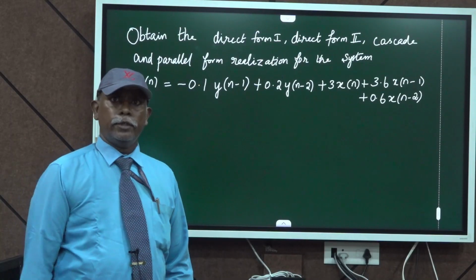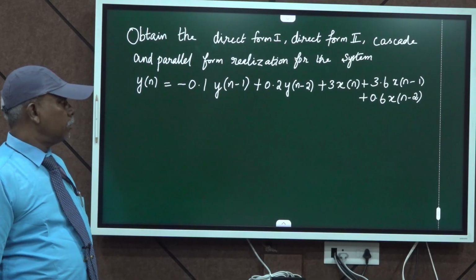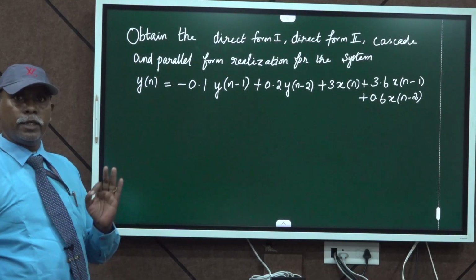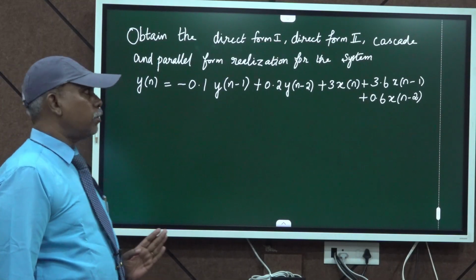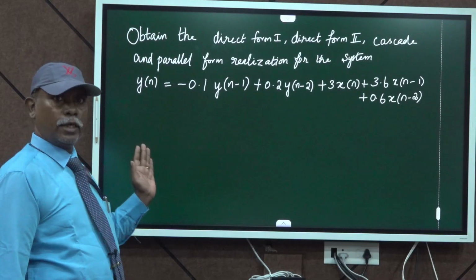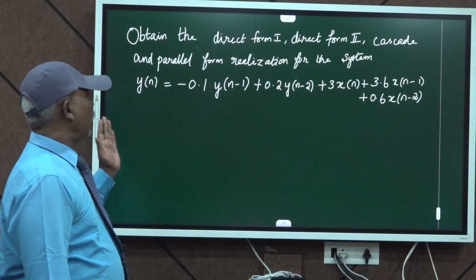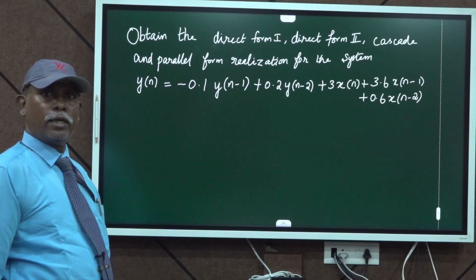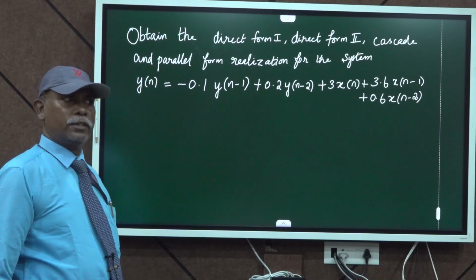Dear students, please see the board. The board has a single problem, but the contents are more. Obtain the direct form 1 realization, direct form 2 realization, cascade and parallel realization of the following system.